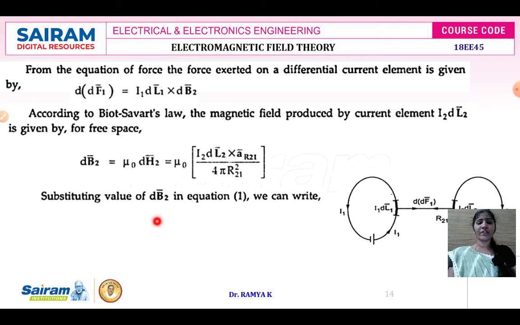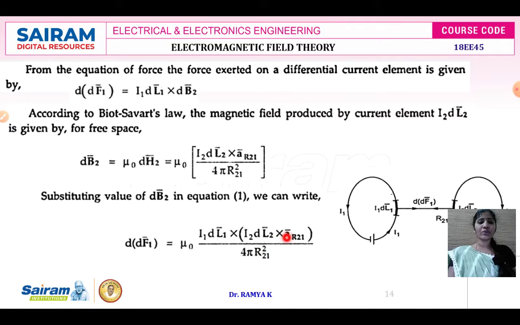Substituting the value of dB2 in equation 1, we can write dF1 is equal to mu naught I1 dL1 cross product with I2 dL2 cross product with the unit vector divided by 4 pi R21 square.